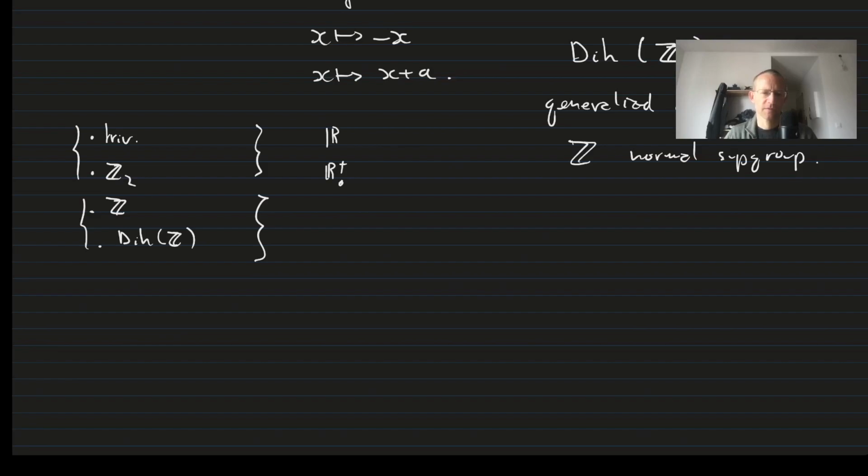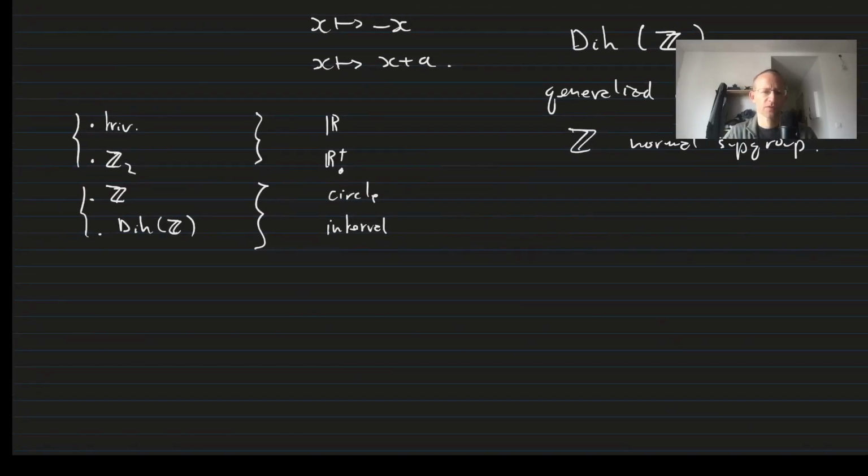For Z, the fundamental domain is a circle, and for the dihedral group, the fundamental domain is an interval. So what does this mean? What are these patterns? So in the first case, we have just any pattern, a random pattern on the line. In the second case, we already drew the pattern, just a random pattern on the half line.